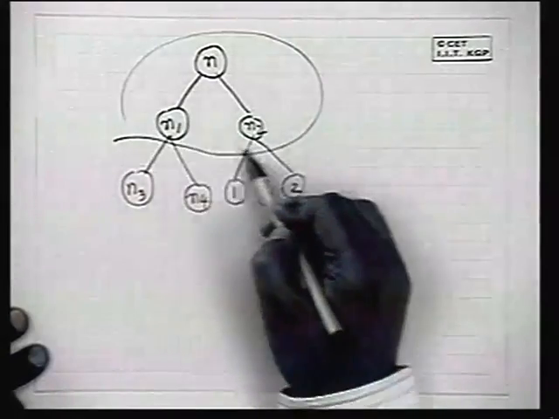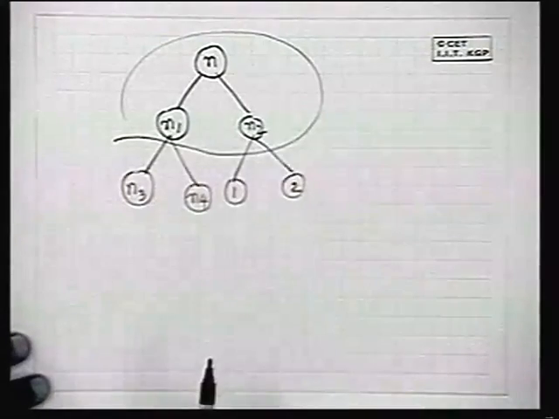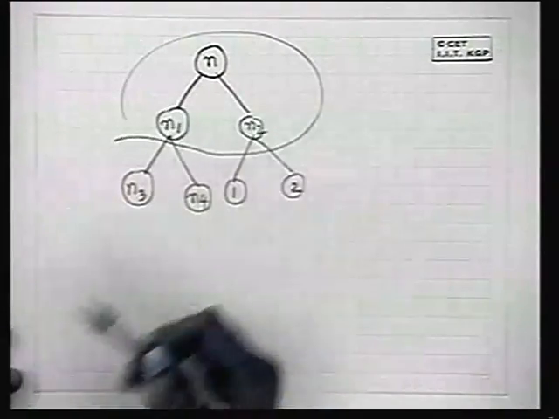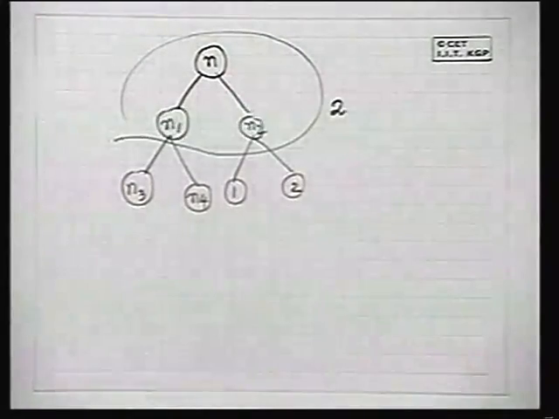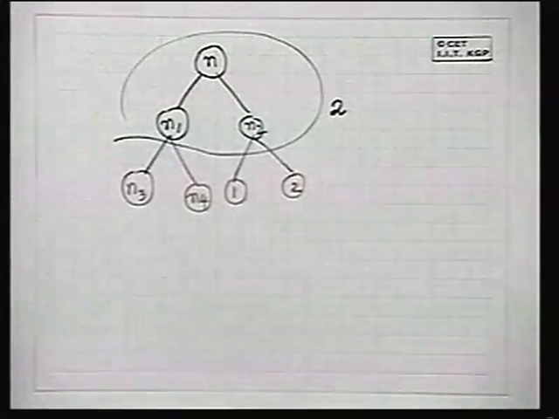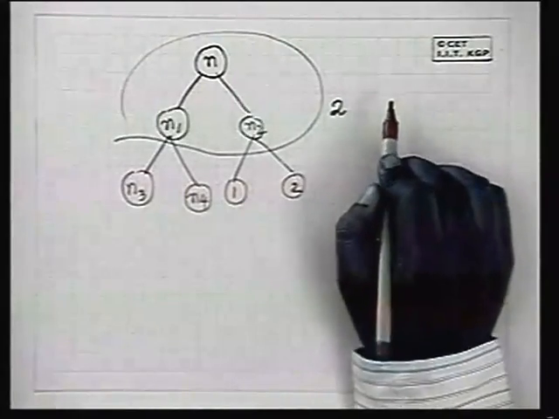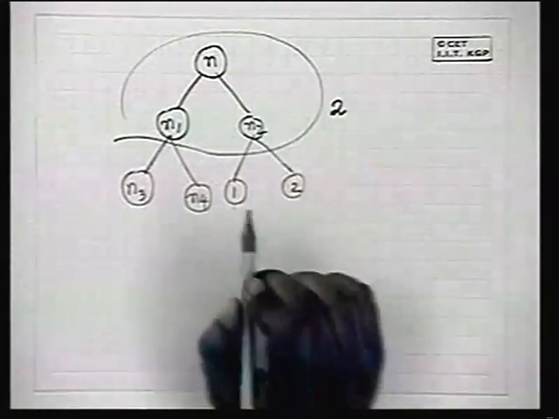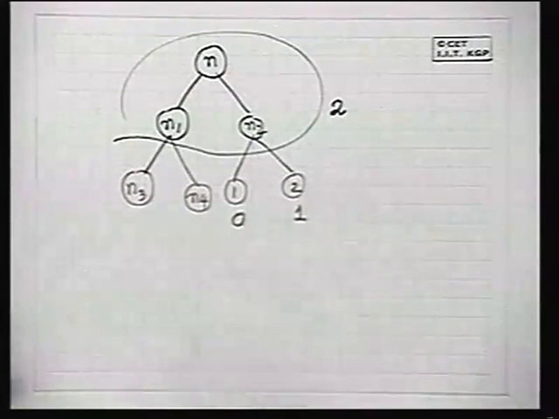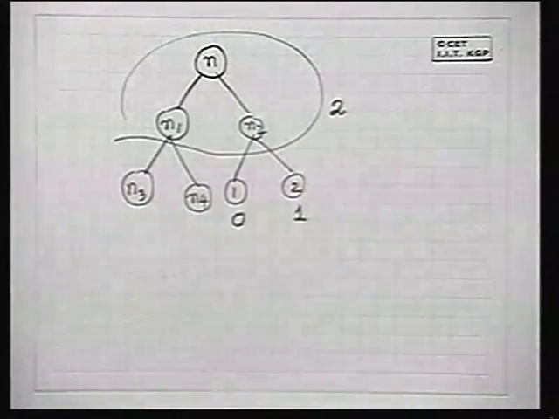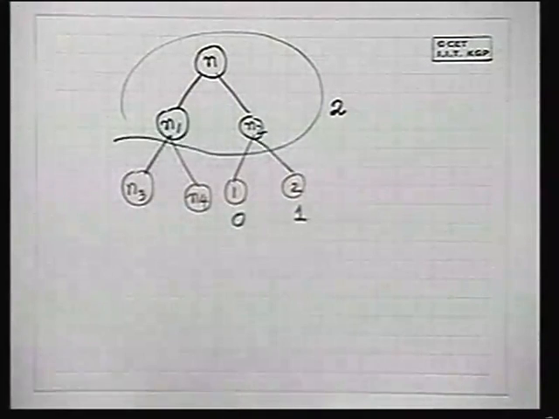Now internal nodes are those nodes where the split occurs, and the number of comparisons at every internal node is 2. The number of comparisons at every internal node is 2. At the leaf nodes, it is 0 for this and 1 for this. Okay.